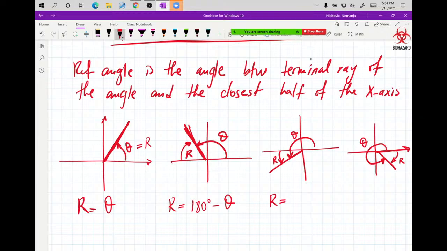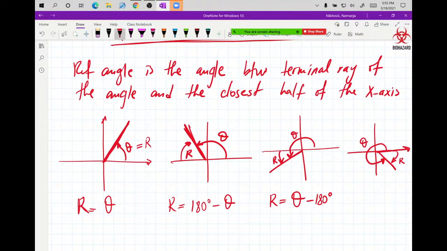Well, it's going to be theta minus 180 degrees, because you want to get rid of the 180 degrees angle, which is there, and as you can see, the leftover is exactly R. So if you take the entire angle and you subtract 180 from it, the portion that stayed is just the reference angle, which, as you can see on the picture as well, is between 0 and 90 degrees.